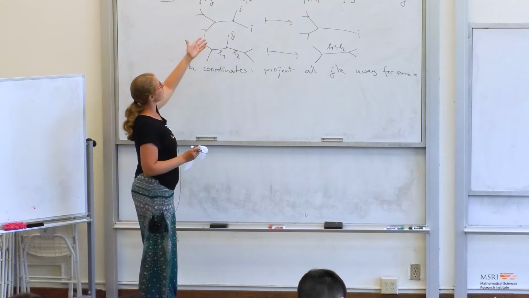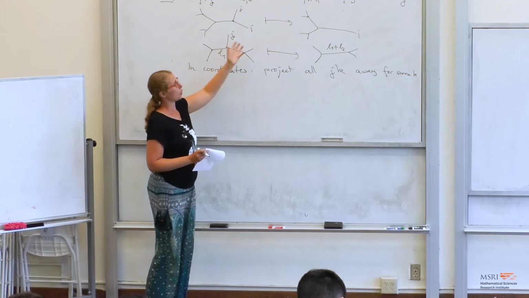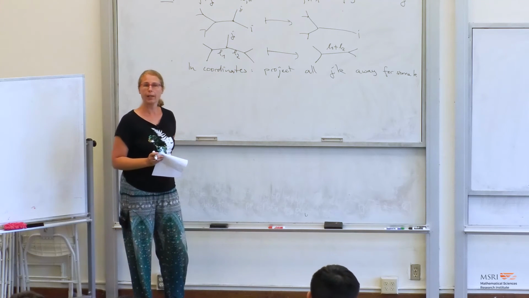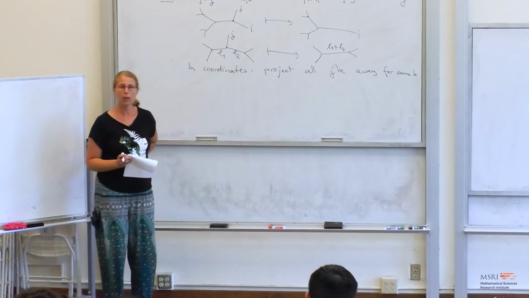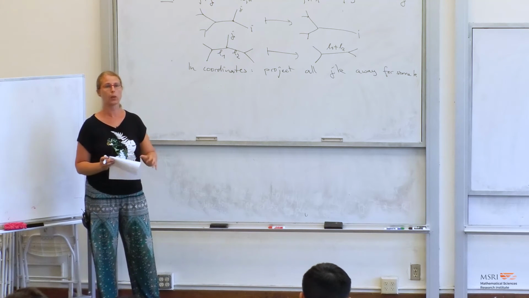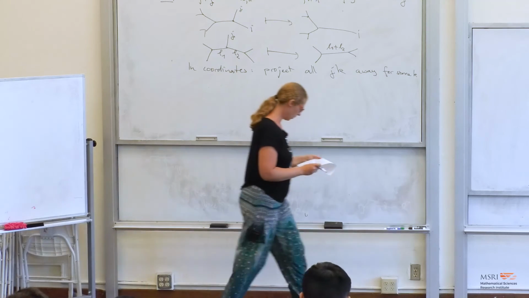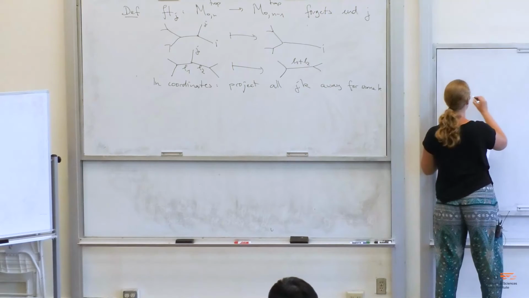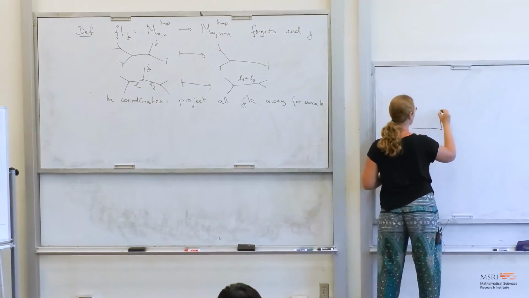Now you can imagine easily that I can not only forget one end, I can forget multiple ends. And in this Kontsevich formula proof, it will be important to forget all ends but 4. So I have a map to M_{0,4}, to tropical M_{0,4}. Let me just again draw an example for you.